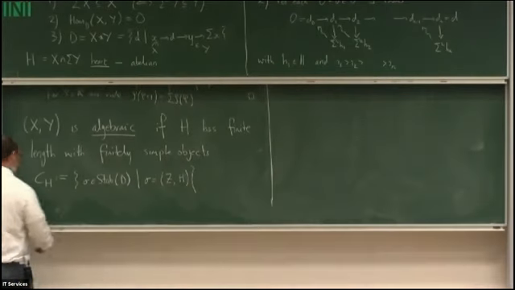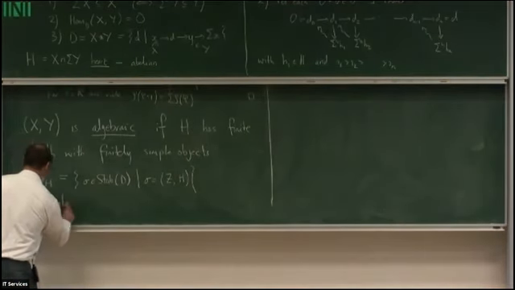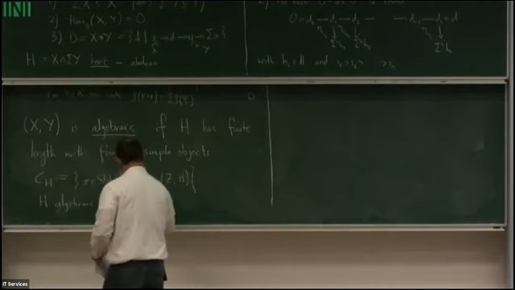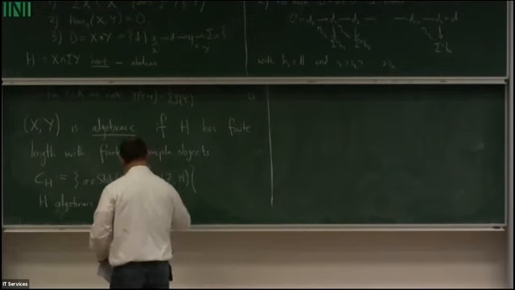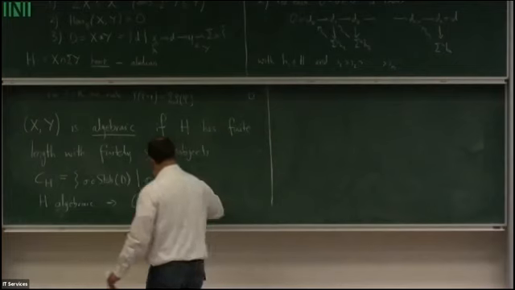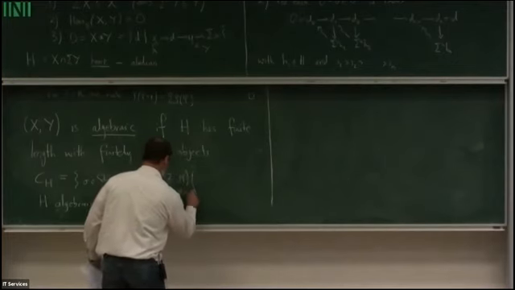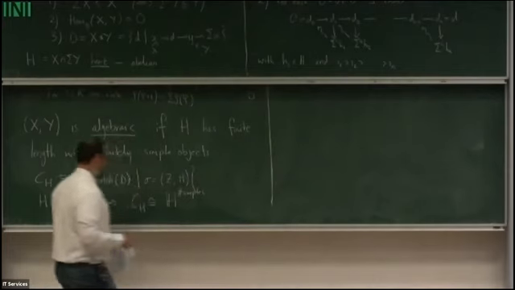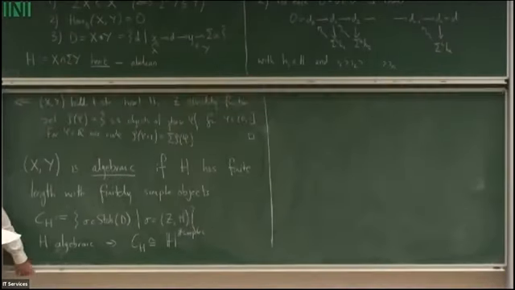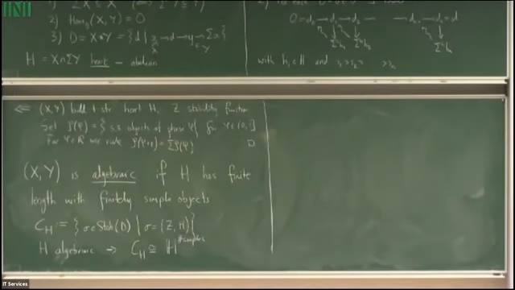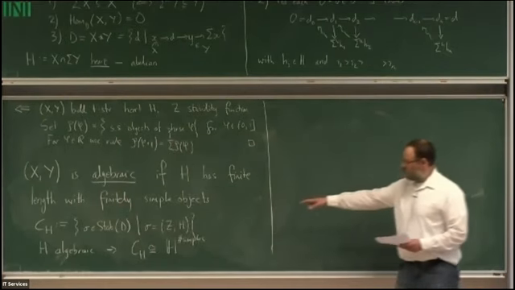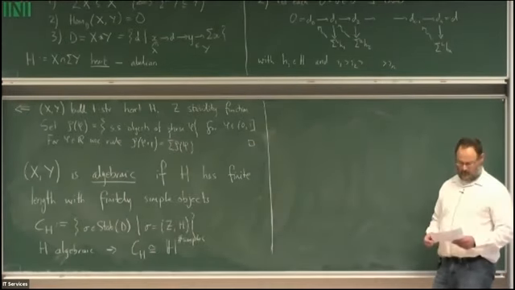And H algebraic implies C_H is isomorphic to the upper half plane to the number of simples, because specifying a stability function just involves saying where I'm sending the simples. So when I have an algebraic heart, the chamber associated to it is very simple.